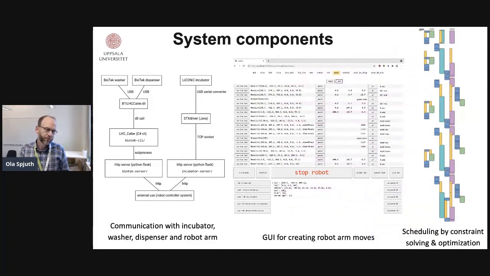And so the system needed to communicate with the incubator, washer, dispenser, and robot arm on the left, and there were different technologies to do that. We had to wrap the software that came with these instruments. For example, for the BioTek, we needed a little bit of a bridge with C# to wrap around the DLL files. And for the incubator, there was a Java system that we could speak with using TCP sockets and so on.